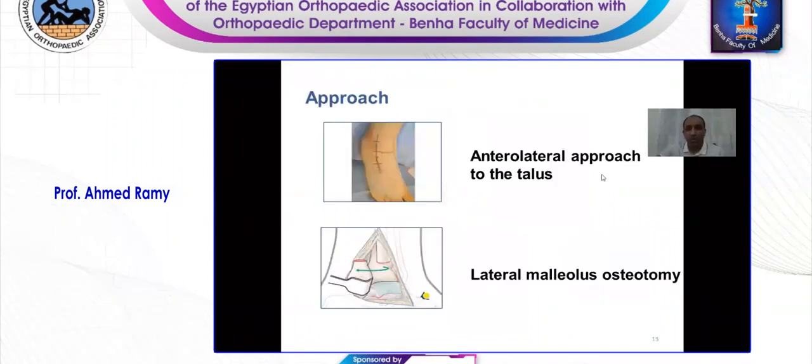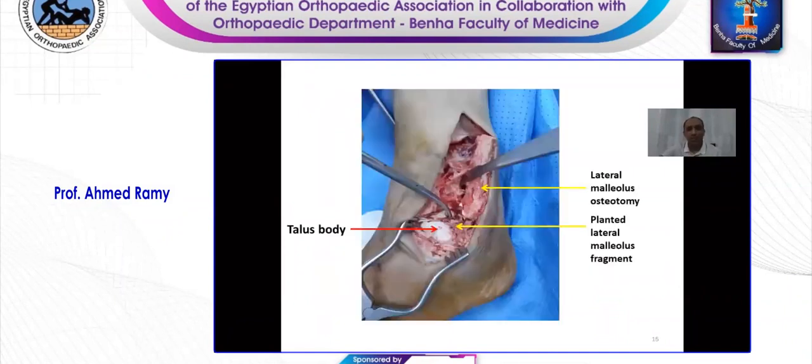We have chosen the anterolateral approach of the talus with lateral malleolar osteotomy because the main fragment of the fracture was lateral, and also the planted fragment of the distal fibula is located lateral. This is an intraoperative picture.